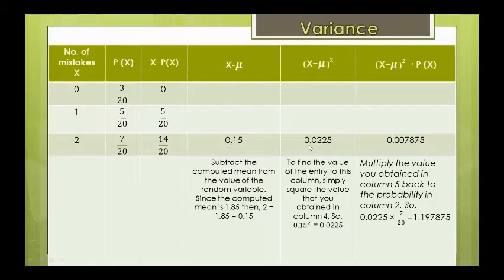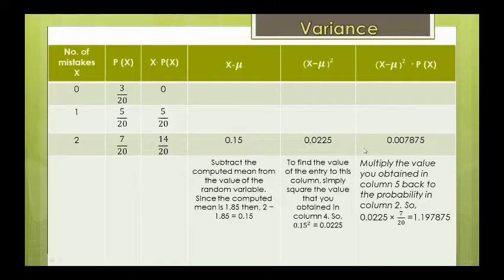Now, next step, sa fifth column natin, to find the value of the entry in this column, simply square the value that you obtained in column 4. So, yung value natin sa column 4, square lang natin yan or times to itself, magiging 0.15 times 0.15 or 0.15 raised to 2, that is equivalent to 0.0225. So, yun din ang isusulat natin sa fifth column natin.